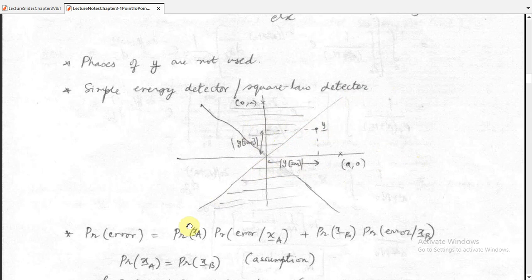So a very clear decision boundary can be made as shown here in this graph. Wherever this y lies in the region specifies what would be the values of y2m squared and y2m plus 1 squared.